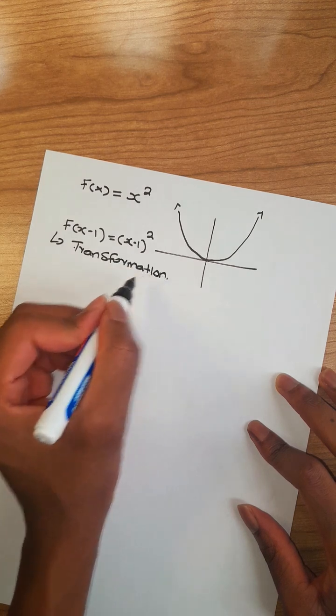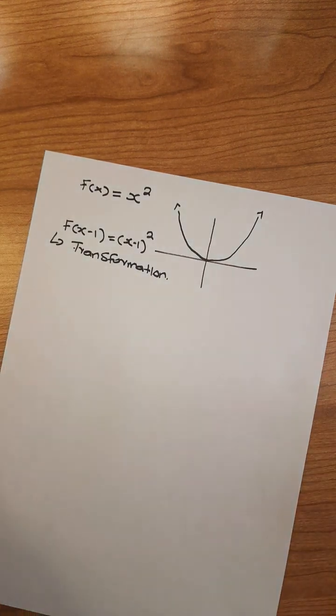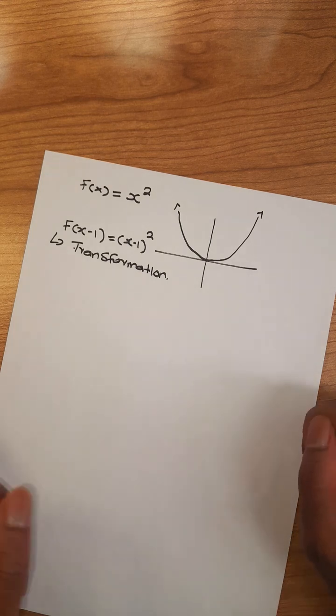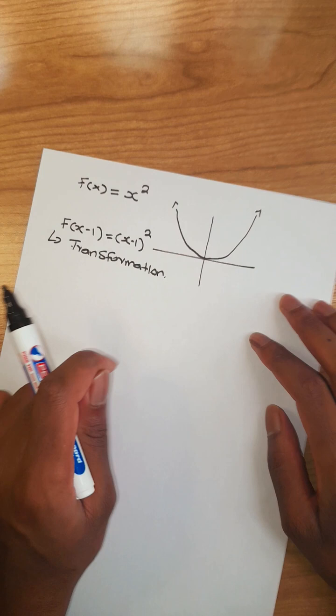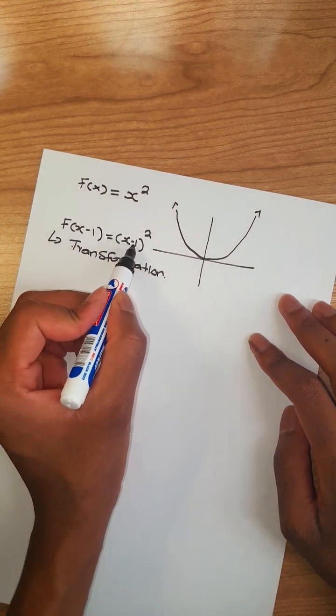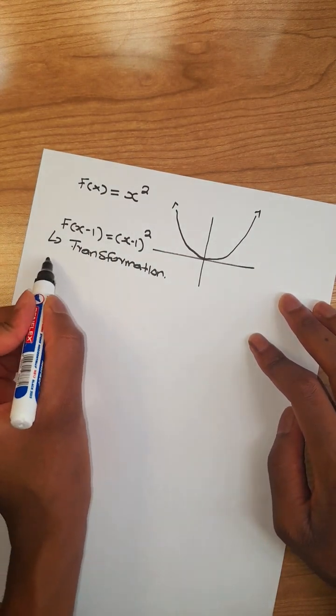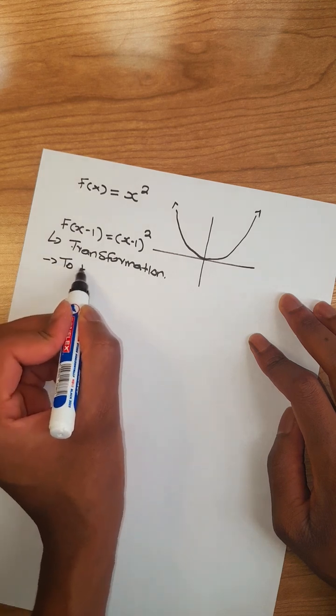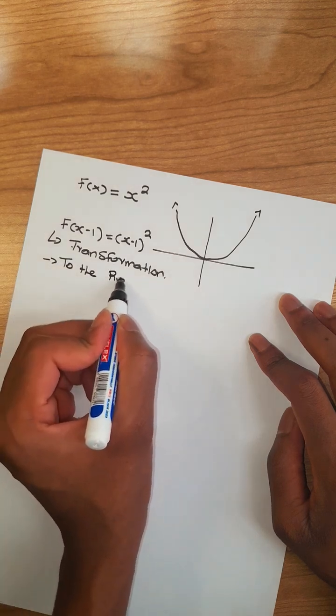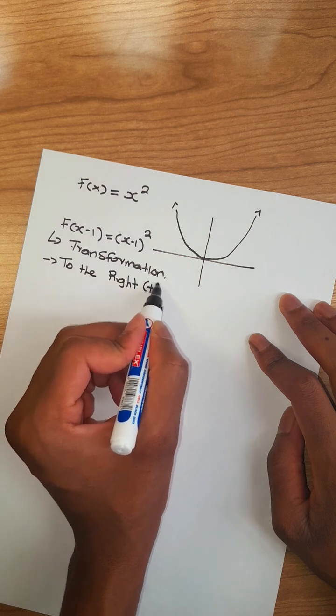On transformation, we are shifting the graph of f of x. When we shift this function, whenever it is x minus 1, the graph will shift to the right, or to the positive side.